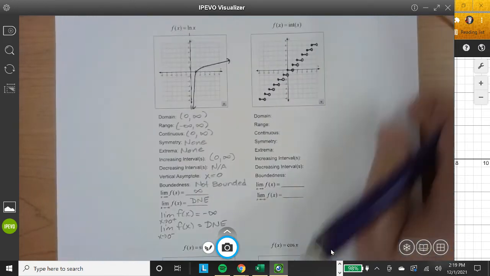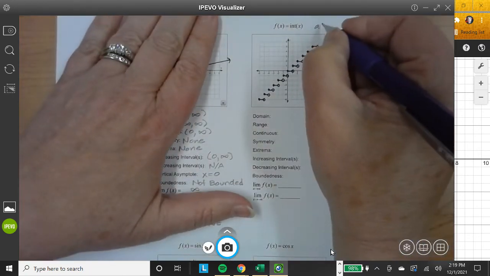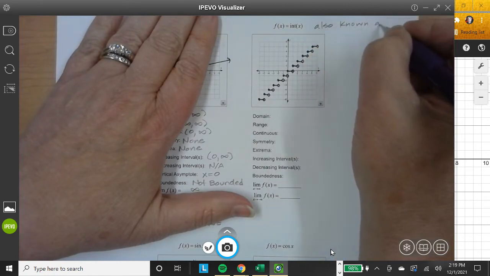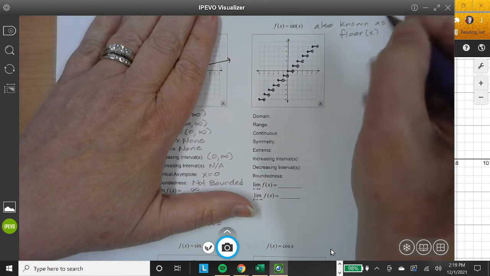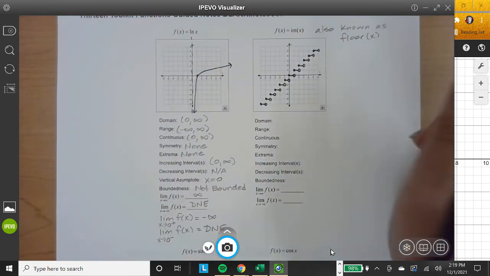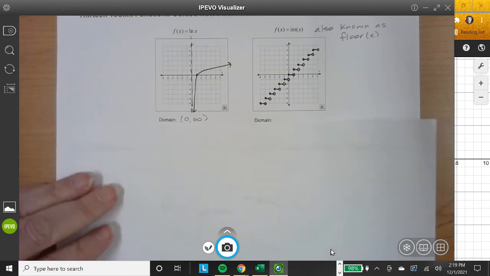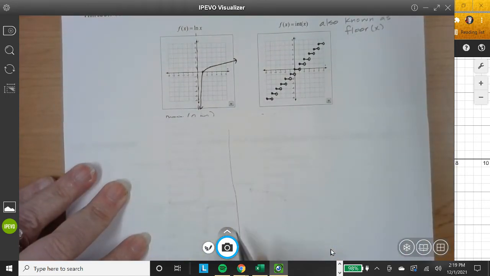All right, greatest integer function. This is also known as the floor function. Now, what is it meant to be a floor function? Well, I'm going to take my piece of paper here and zoom in with my paper, if that's okay.